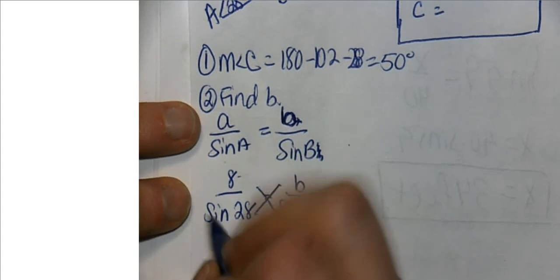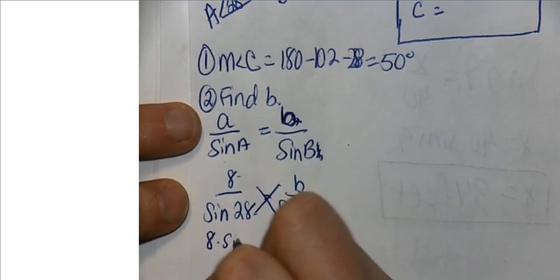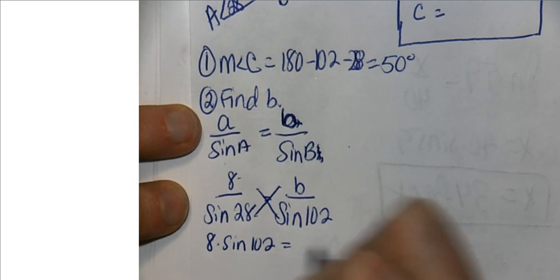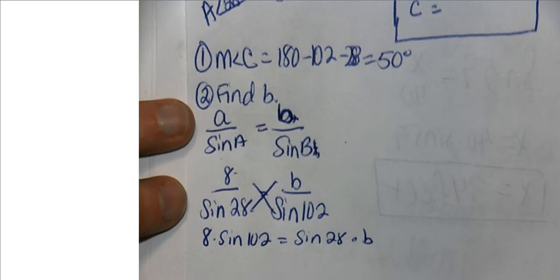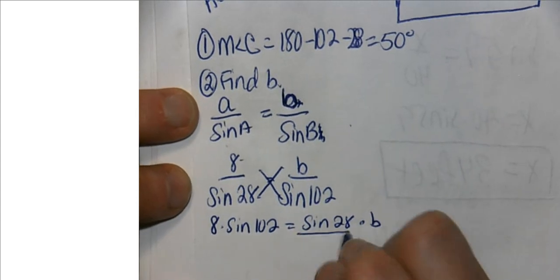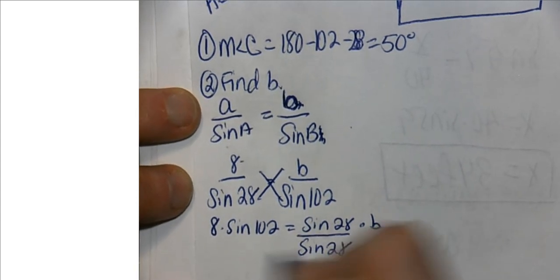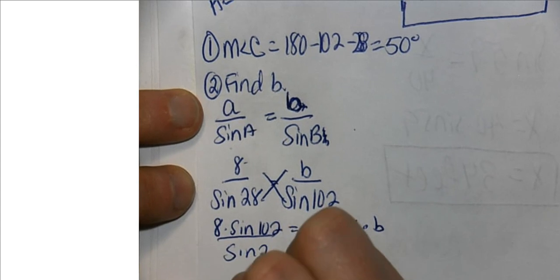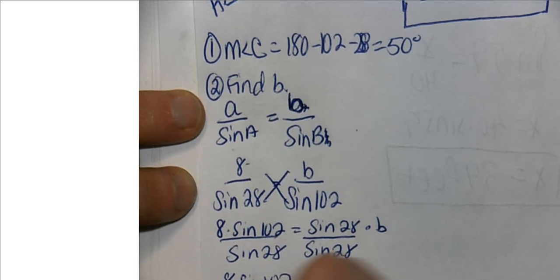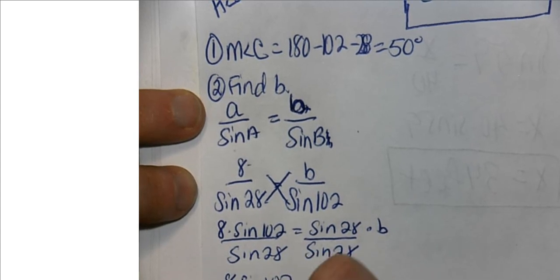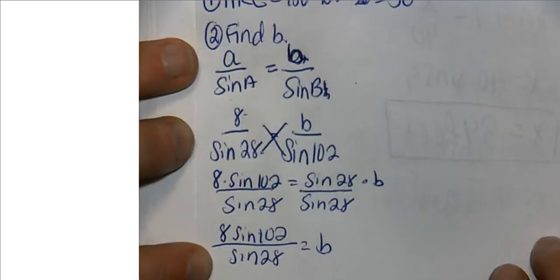So I have 8 times the sine of 102 is equal to the sine of 28 times b. I'm going to divide both sides by the sine of 28. And now I'm going to put 8 times the sine of 102 divided by the sine of 28 into my calculator, and that's going to help me find what b is.